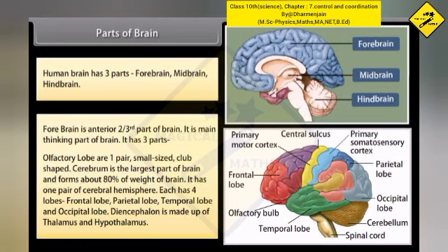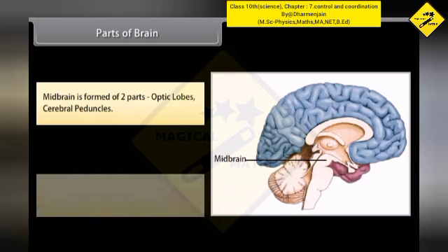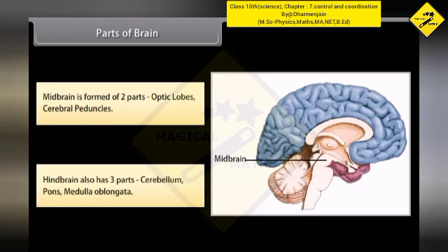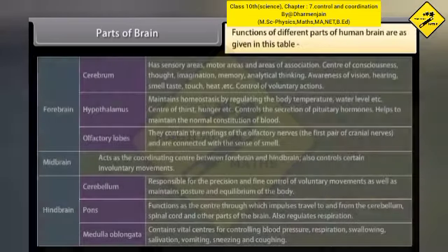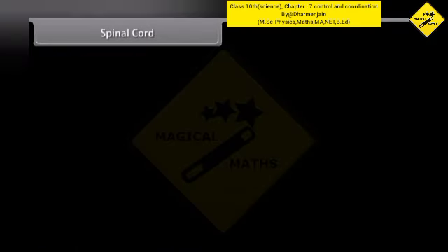Diencephalon is made of thalamus and hypothalamus. The midbrain is formed of two parts: optic lobes and cerebral peduncles. The hindbrain also has three parts: cerebellum, pons, and medulla oblongata. Functions of different parts of the human brain are as given in this table. Spinal cord.